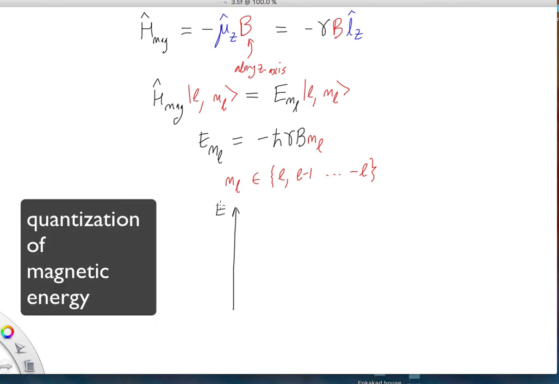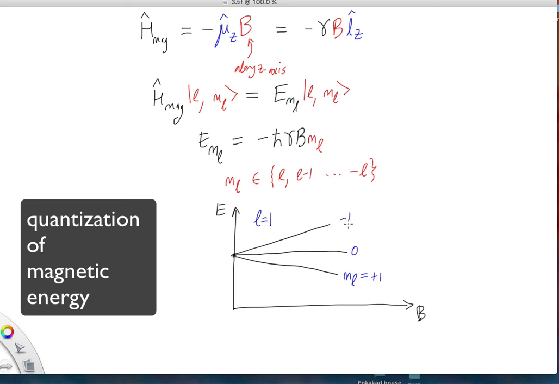Hence, if we plot the energy of the system against magnetic field, then the energy levels split into a number of states depending on the value of L. So this case would be for L equals 1, and then we have 3 levels with ml is +1, 0 and -1. And similarly for L is 2 we would split into 5 levels. In general, the energy of the system splits into 2L+1 levels depending on the size of the magnetic field.